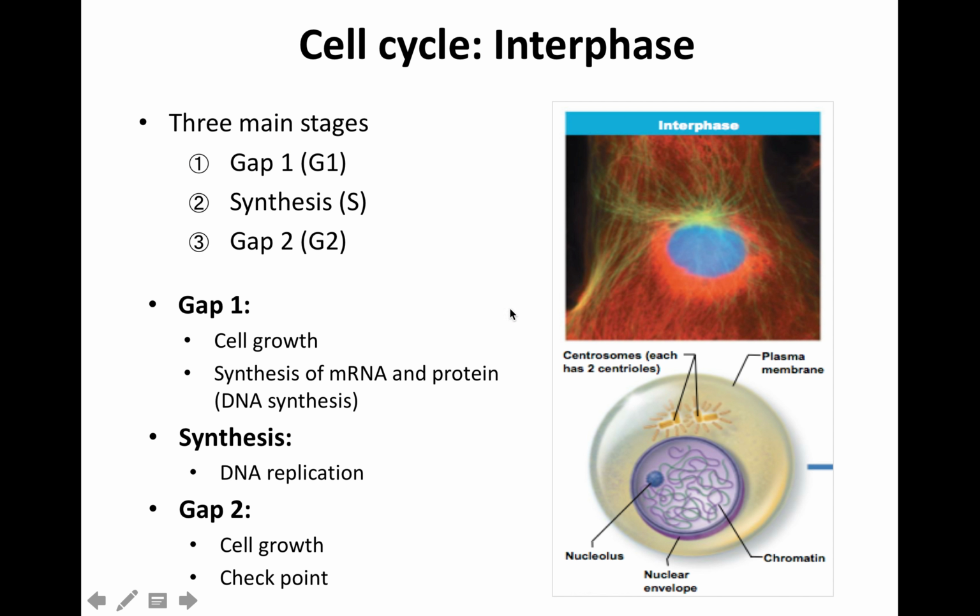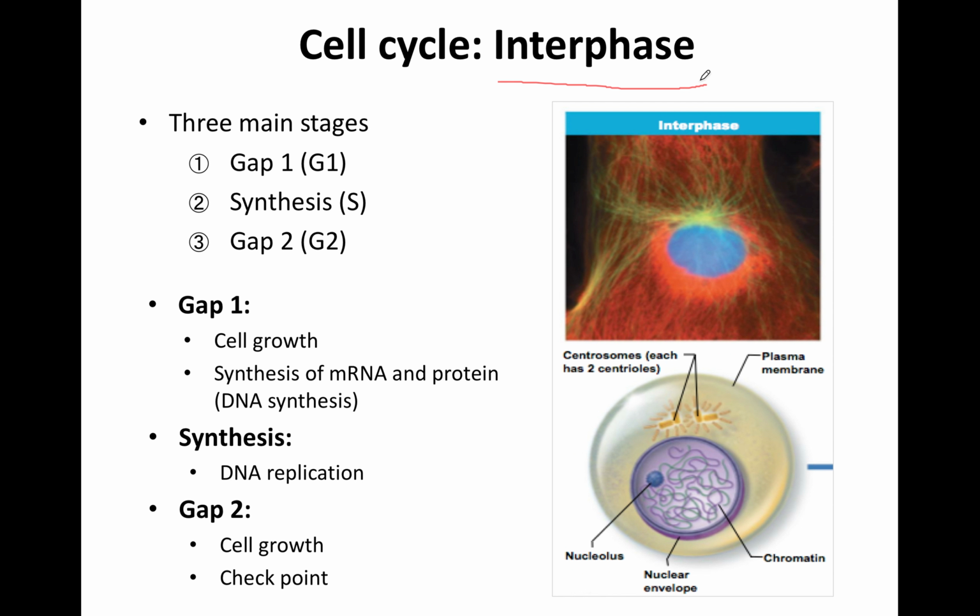The first process in the cell cycle is referred to as interphase. Interphase is where you prepare the cell for becoming two daughter cells. It is made up of three steps: gap 1, shorthand G1, synthesis, S, and gap 2, shorthand G2. During gap 1, the cell is undergoing an increase in size.